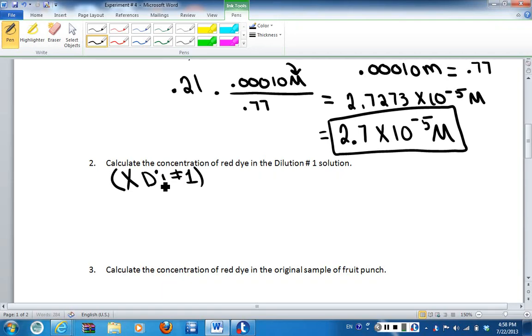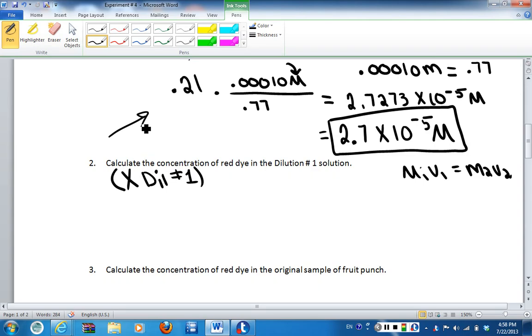Since we're doing dilutions, we know that we have to use M1V1 equals M2V2, because that's what serial dilutions use. We couldn't use it in this first problem because we had to initially get a concentration, but now that we have it, we can go on to use M1V1 equals M2V2.